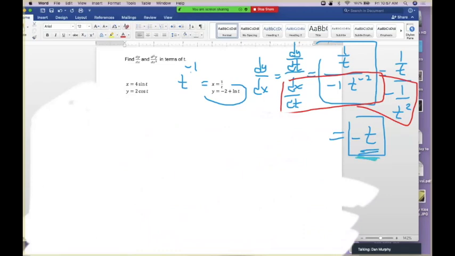So the second derivative, d2y over dx squared, is, well, the derivative of the first derivative is going to be -1, and put that over probably this, -1 over t squared, which that thing is going to simplify. Doesn't that simplify just to t squared? Let me just double check here. Yeah, there it is. This is t squared.